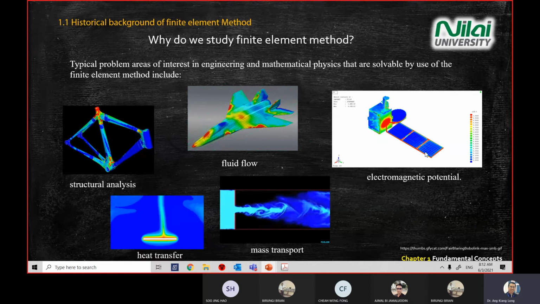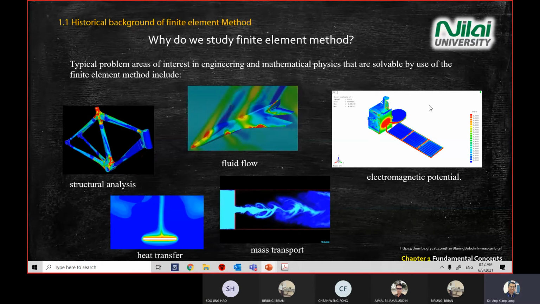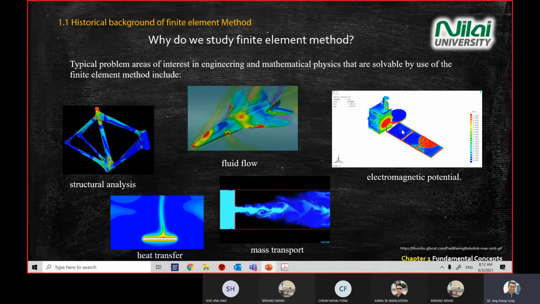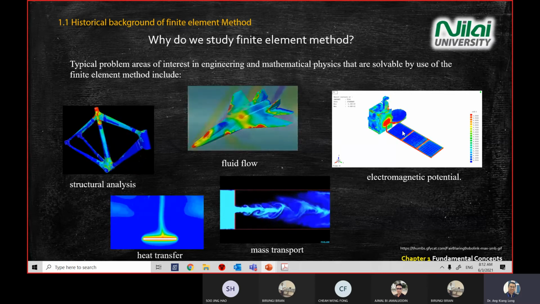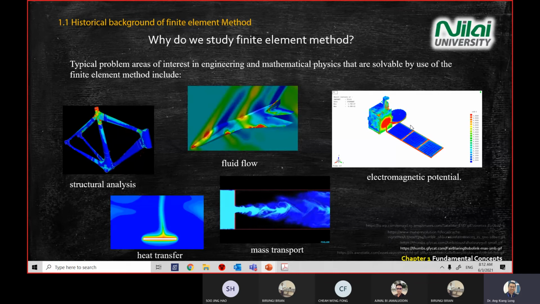So in this one is a satellite dish. You can see what happens when the radiation is absorbed by the panel, the solar panel, and then the radiation, the electromagnetic effect happened on this satellite.